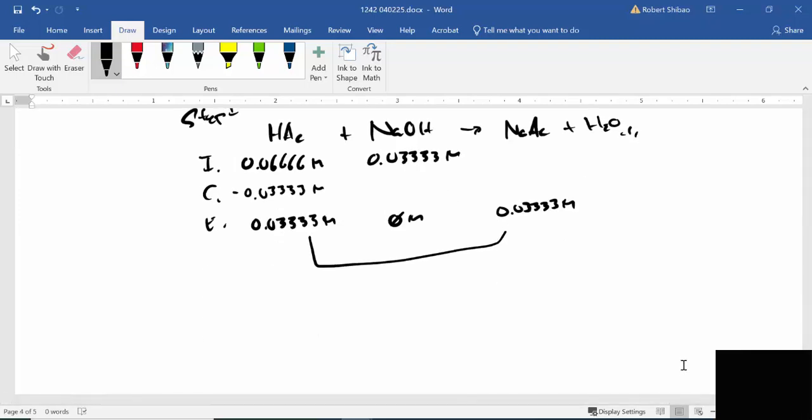Step 2, we recognize this is a Henderson-Hasselbalch buffer, an HH buffer. If that's an HH buffer, then step 2 is very easy because I don't have to do the ice table.